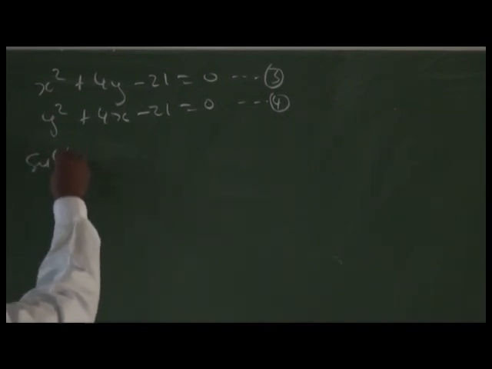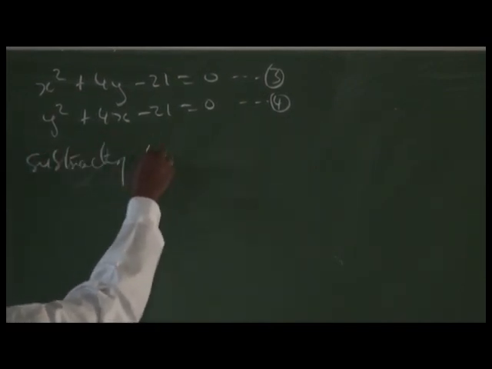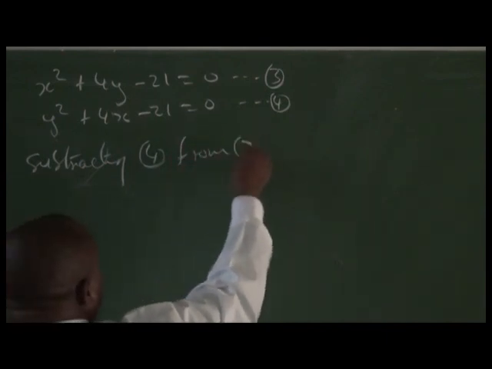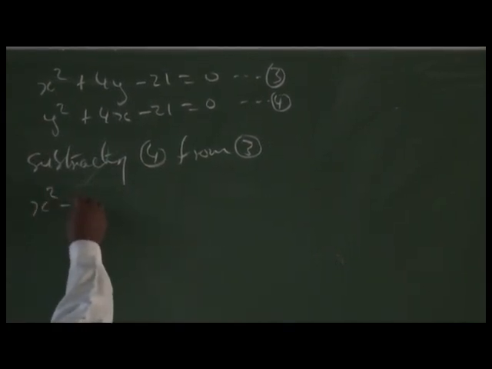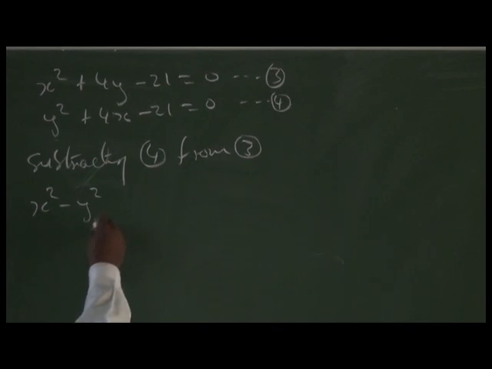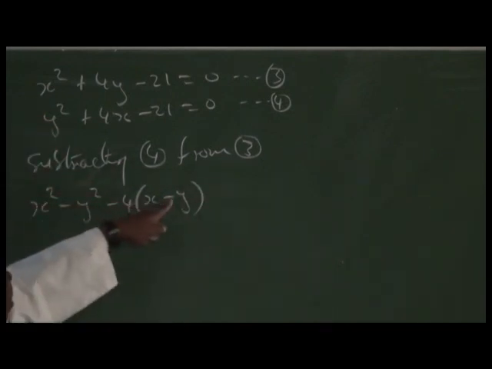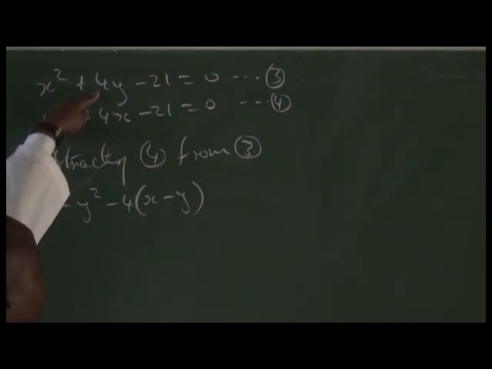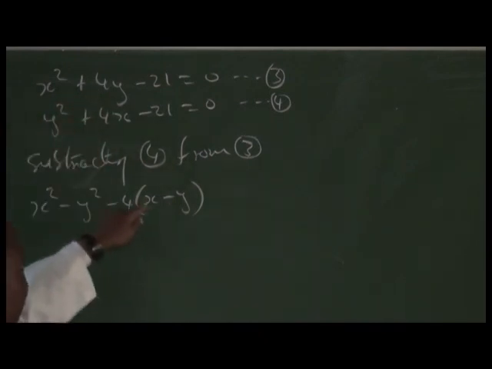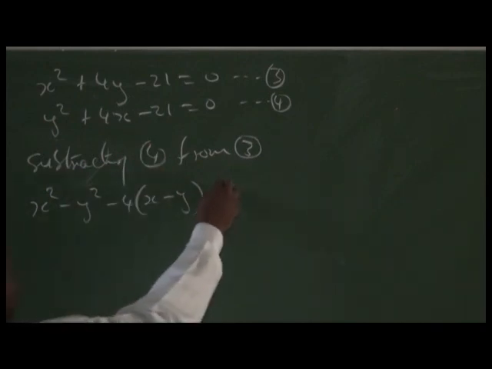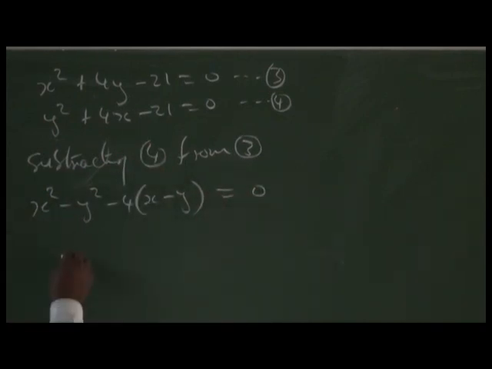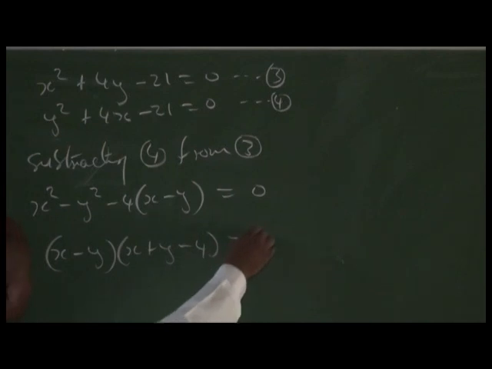Now, subtracting 4 from 3. If I subtract equation 4 from 3, I will have x squared minus y squared, then minus 4x minus y, because this gives me 4y and I am subtracting, so it equals 0, which I can also write as x minus y, times x plus y minus 4, equals 0.